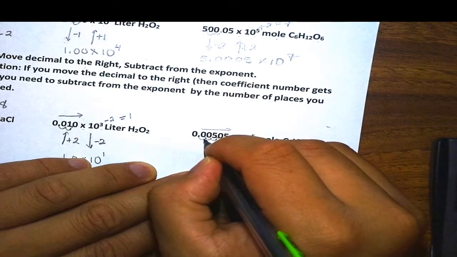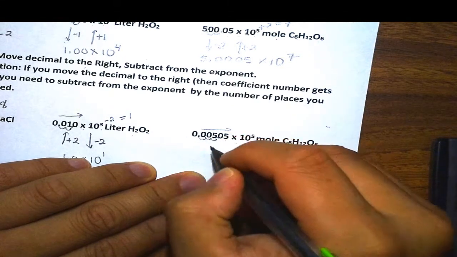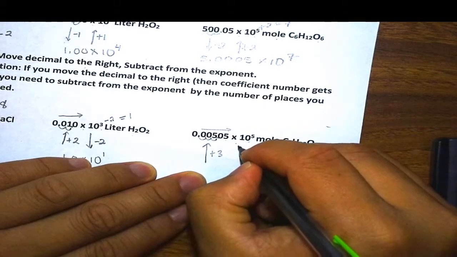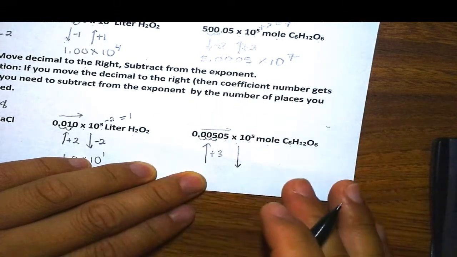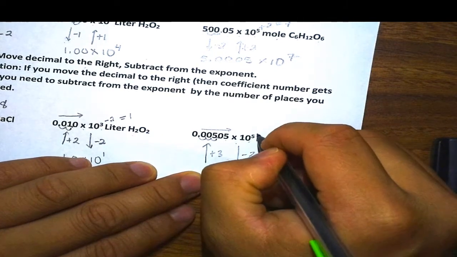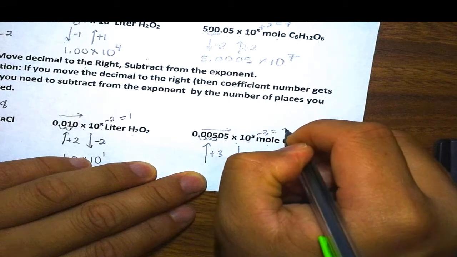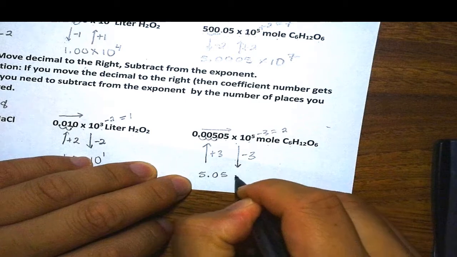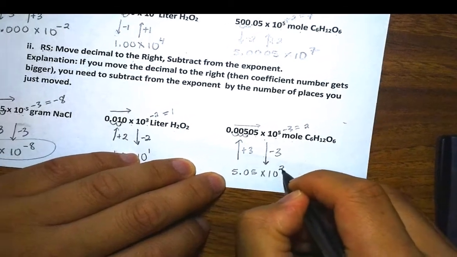I just increased the value of the coefficient by 3 places. And I would do the opposite to the exponent to keep the value of the entire number the same, which is minus 3. So 5 minus 3 gives us 2. So our answer is 5.05 times 10 to the 2.